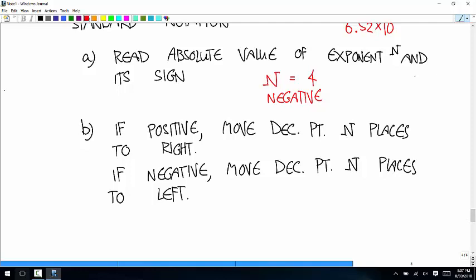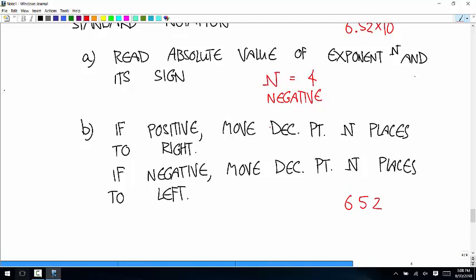Okay, so our starting value was 6.52. I'm going to leave the decimal point out right now. I'm just going to write the 652. But we started out with the decimal point between the 6 and the 5. Our n value is 4, so we're going to move the decimal point 4 places one way or the other.